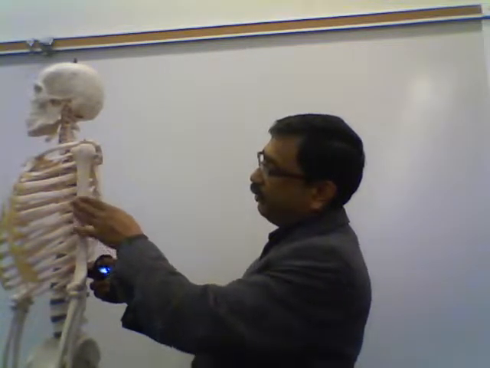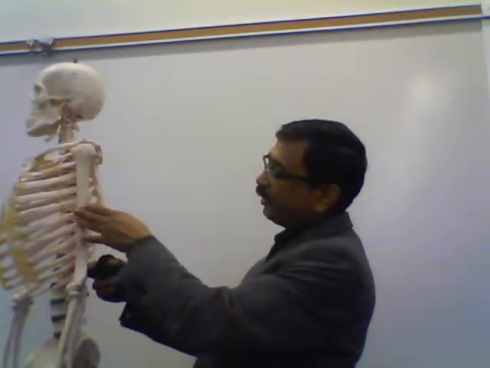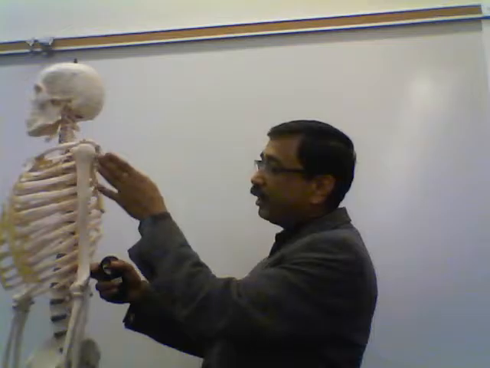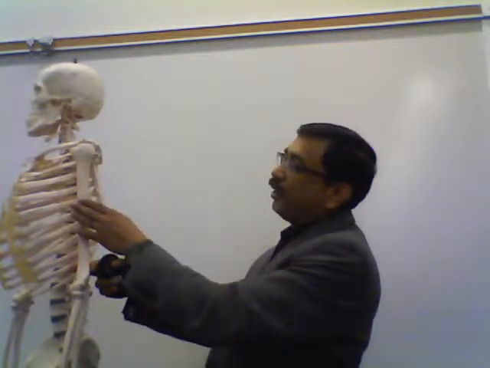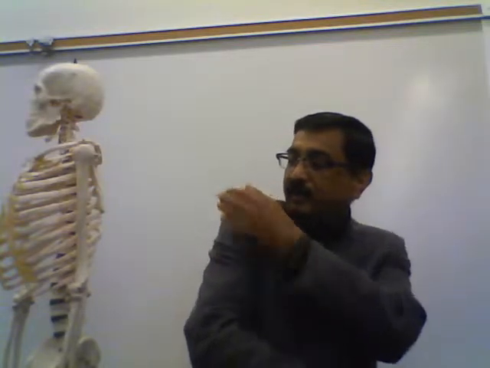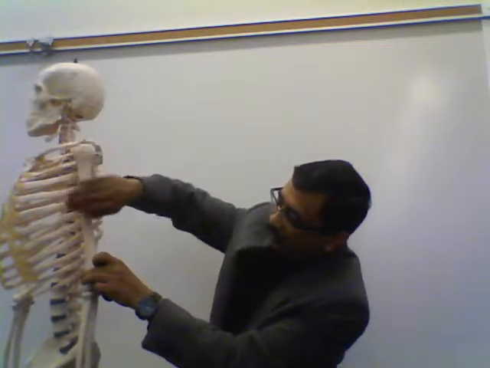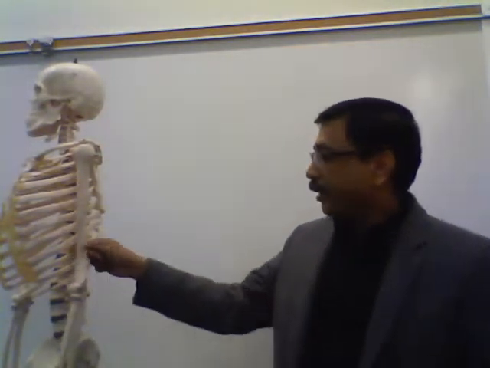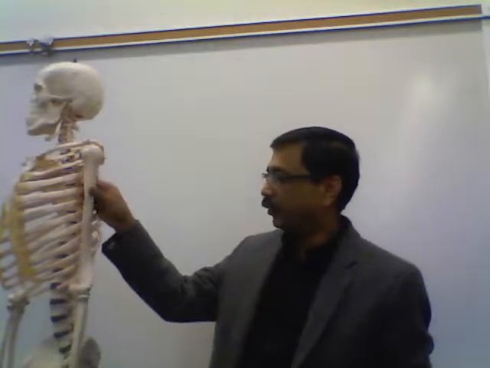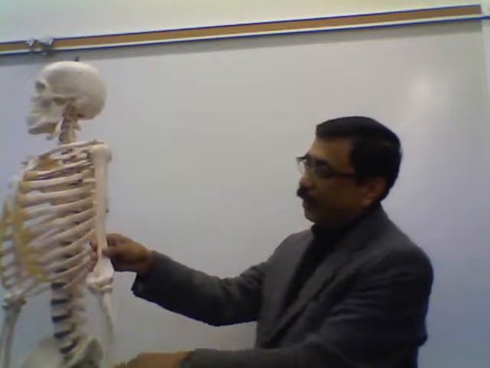So the rough area in the middle of the shaft is called the deltoid tuberosity. Why deltoid? Because we know that this muscle is called the deltoid muscle, and that muscle gets attached to this area like this.